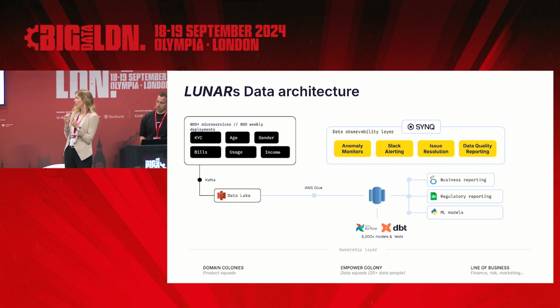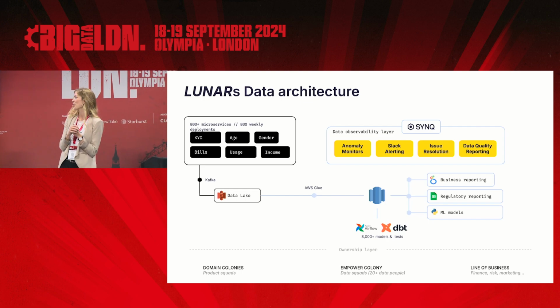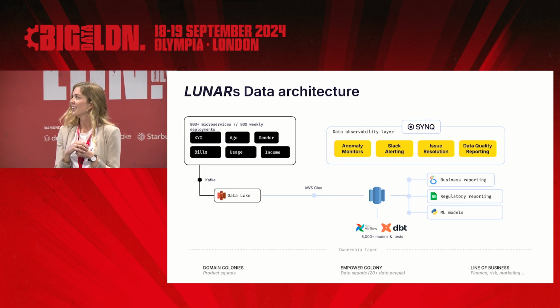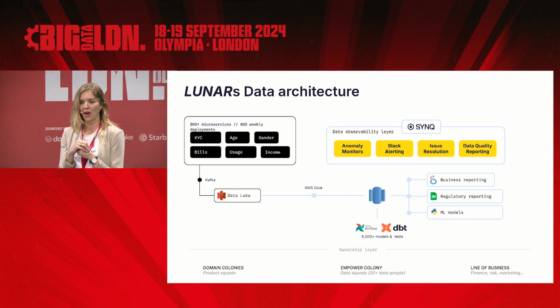We have around 8,000 dbt models, and approximately the same number of tests. So, quite a lot going on. We of course deliver data to business reporting. We use Lunar as our BI tool. Then we also have the core of our regulatory reporting.